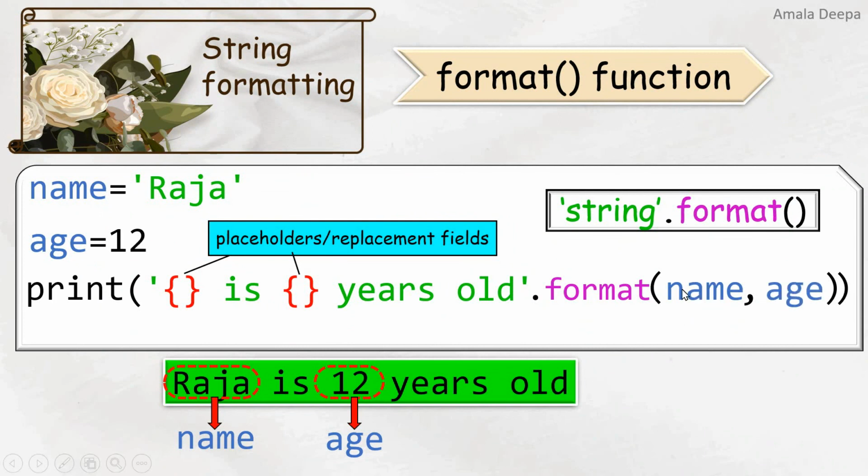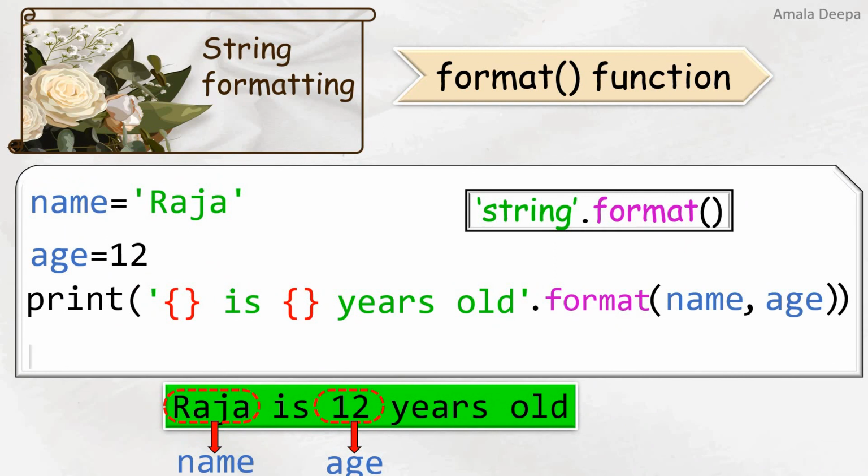The value which is in name will be replaced in the first placeholder, and the value in age will be replaced in the second placeholder. So this is how the format function is written. So you have to use this syntax, string dot format function. Okay, next I will show you a simpler version of the same format function.